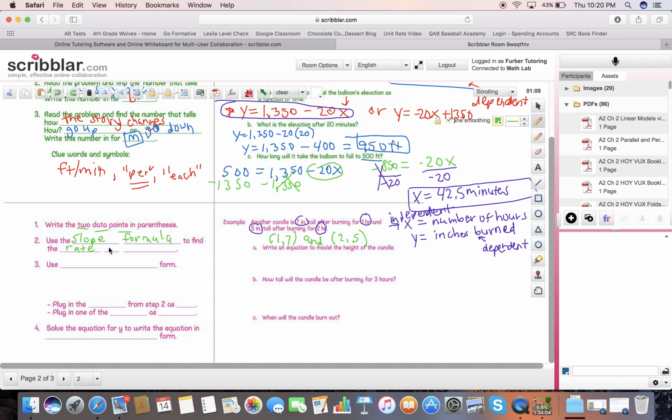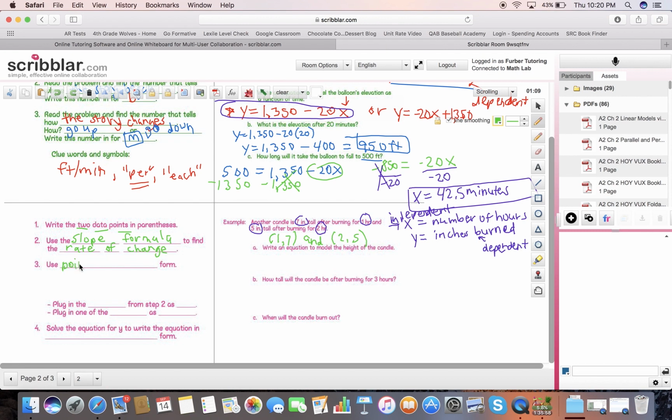What is changing? Now, I still don't know the starting point. The starting point you'll find after you plug everything into point-slope form. So I'm going to find the rate of change, which, remember, by the looks of it, is going to be -2, but I'm going to do the slope formula in a minute.